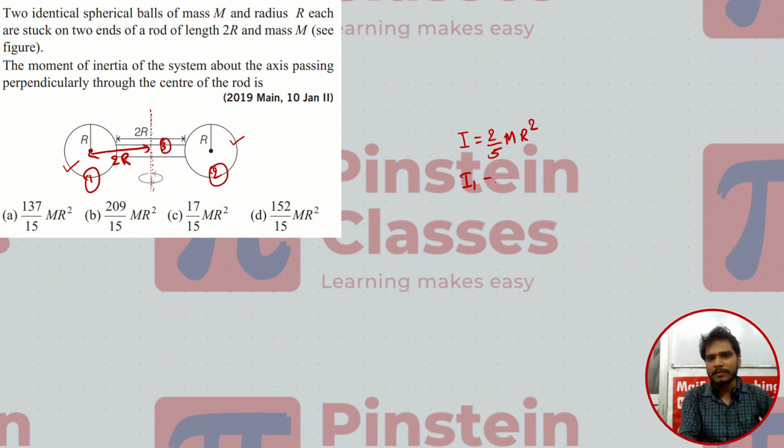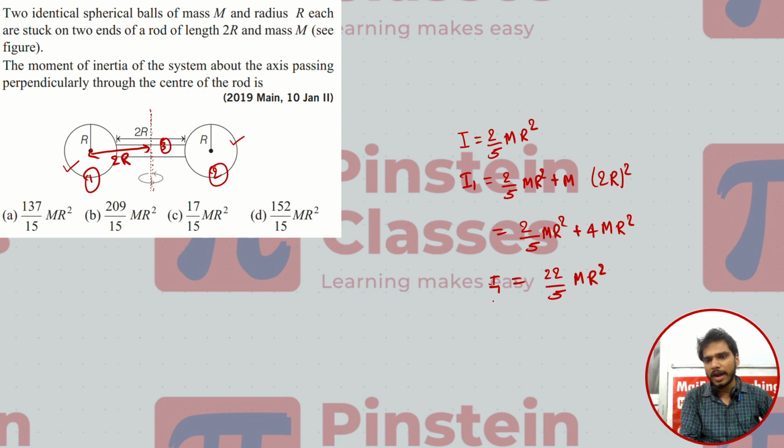So I1 will be 2 upon 5 mr square plus m times 2r square. So this will be 2 upon 5 mr square plus 4 mr square. This will be 22 upon 5 mr square. This will be I1. Similarly, I2 will also be 22 upon 5 mr square.